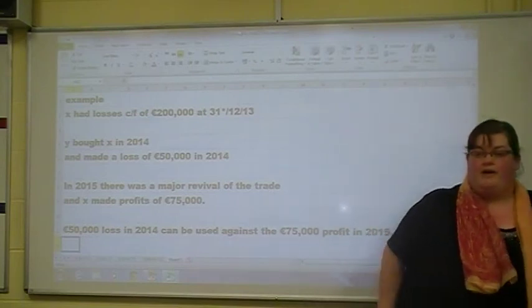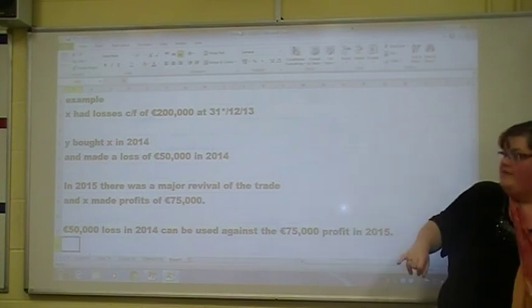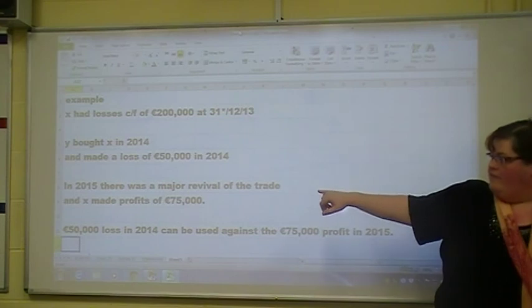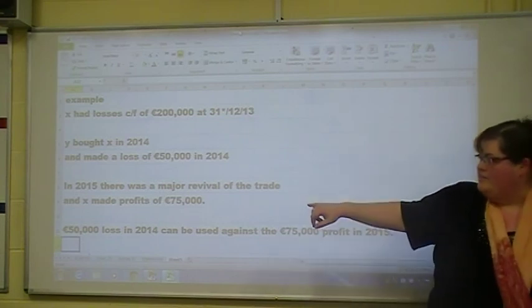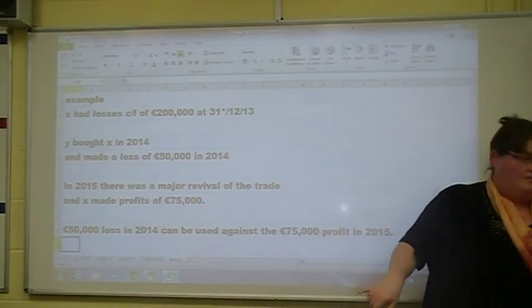That one could be used straight away because that loss was made in 14, it wasn't a loss brought forward. And then they can use that in 15. The 50,000 loss in 14 can be used against the 75,000 profit in 15.